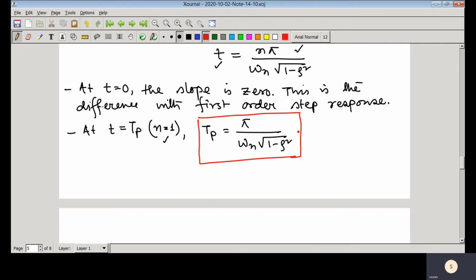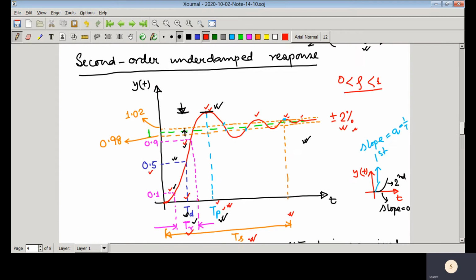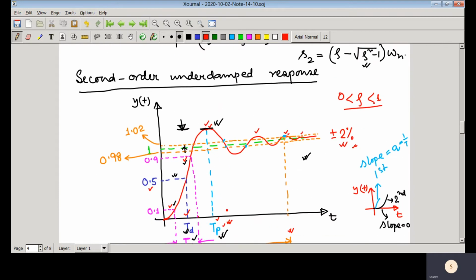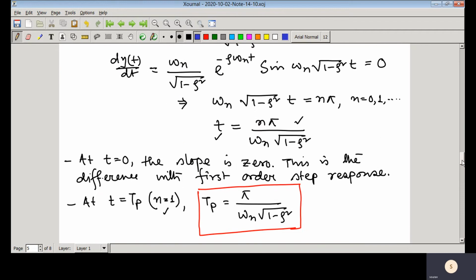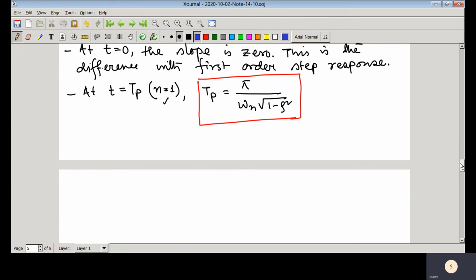That means whenever a normalized transfer function is given to you, and once you know the value of zeta and omega n, you can directly find at what time the first peak occurs. Now at t equal to Tp, suppose you have the maximum peak, that is y max. If you subtract the final value, that means here this is 1, so y max minus 1, then you will get this particular peak. So now we are just trying to quantify how much peak we will get.